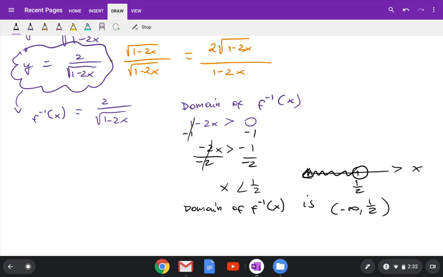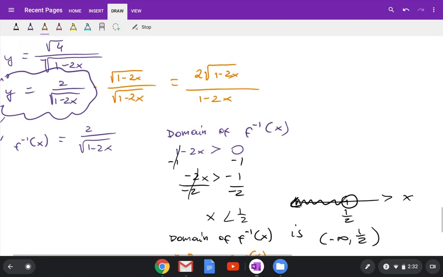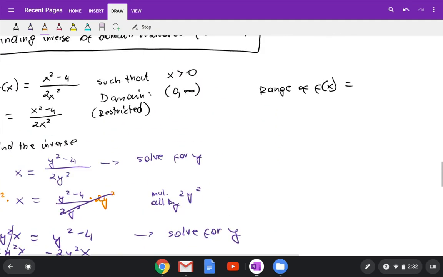Okay, so I will stop for a second. Domain of inverse, by definition, is equal to the range of the original function. So I'm not sure if you guys still remember, but I left the range of the original function. I didn't solve that. I wasn't sure what the range of the original function was.